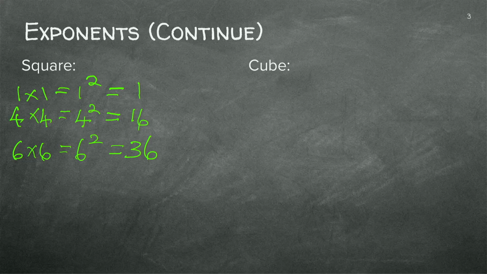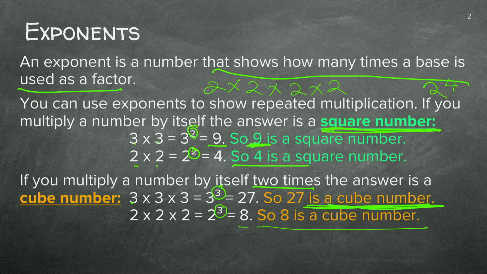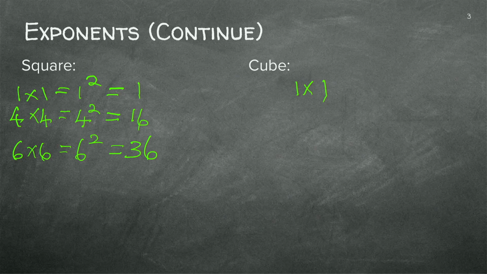Now on the cube side, let's do a 1 again. Can you remember? It is a number that is multiplied by itself twice. So let's go. 1 times 1 times 1. This equals 1 to the power of 3. This equals 1, because we know 1 times 1 times 1 is always 1. But let's do something that we're not doing here.